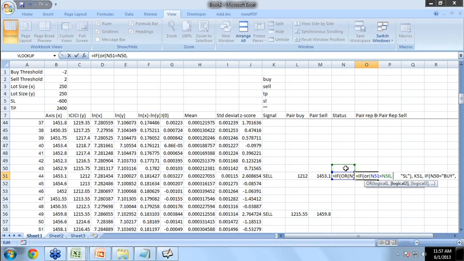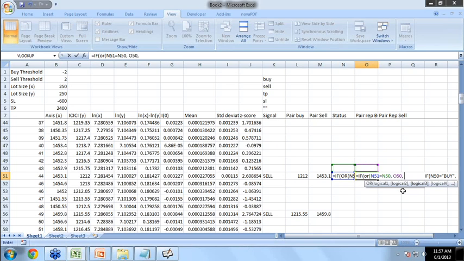So if the buy is continuing, or sell is continuing, or blank is continuing, in that case I just want to repeat the previous value, right? Whatever value was there for the buy price, I would like to repeat that value.